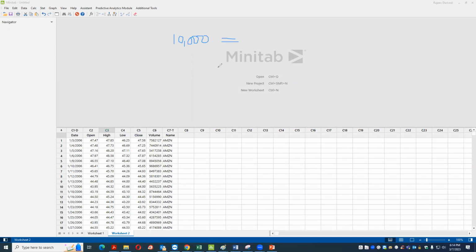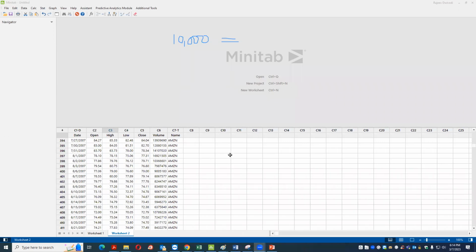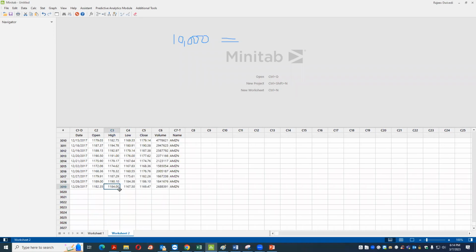How much will I get after a year? Let me do a very simple calculation here. Let's say this is the last day of this high price. How many stocks can I buy?